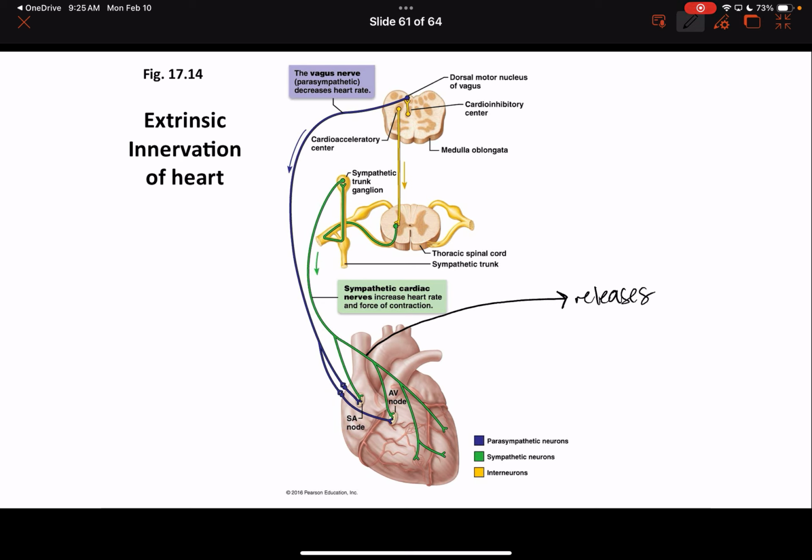What are epinephrine and norepinephrine called as a group? Catecholamines. So our sympathetic nervous system releases catecholamines, and they release them at the SA node, AV node, and the ventricles.